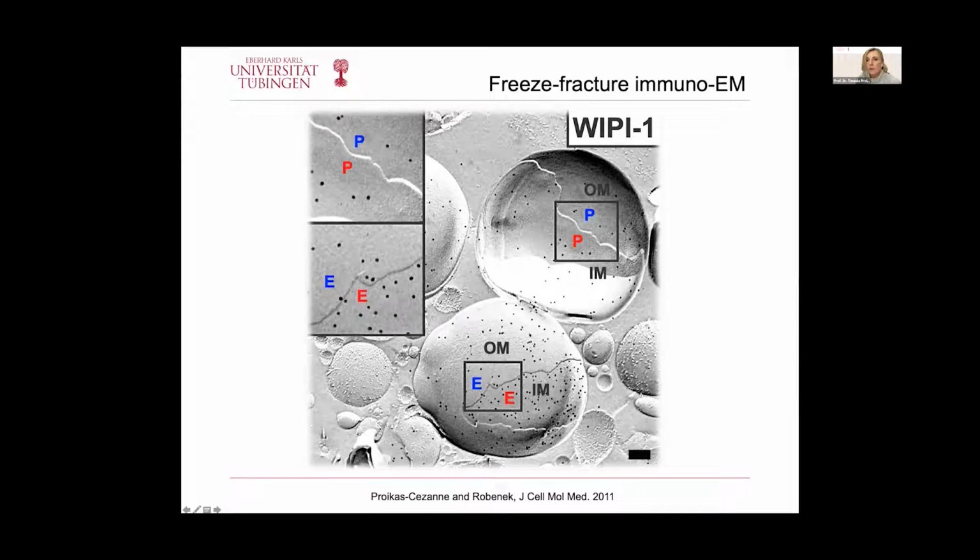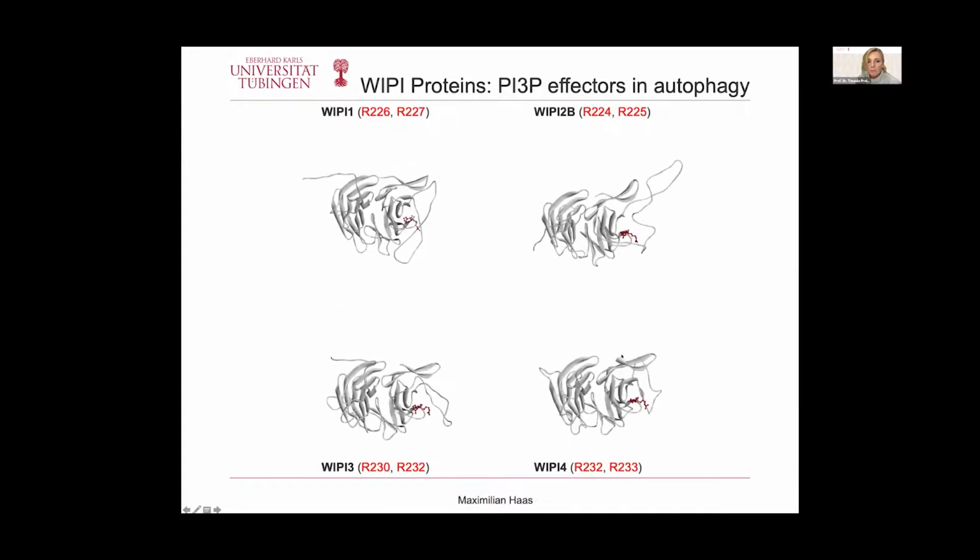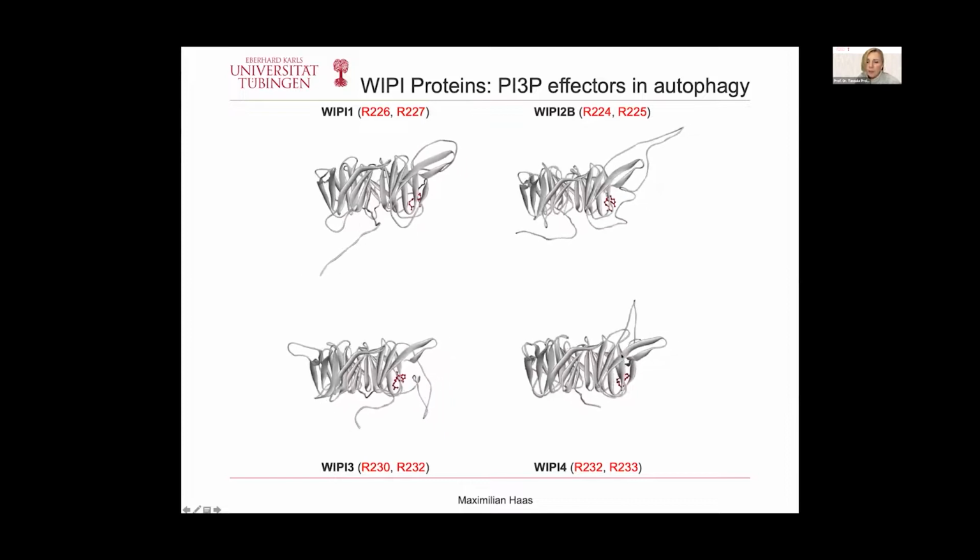And what you see here is a freeze fracture immuno-EM where we used WIPI1 antibody and detected it on both membranes of the autophagosome. Now we have 4 WIPI proteins, 4 genes, and when you look at them, they look extremely similar.